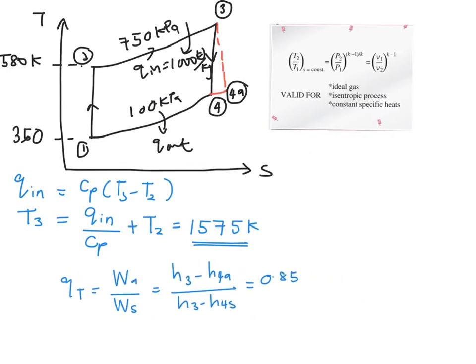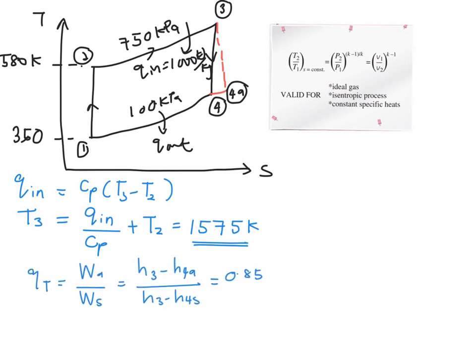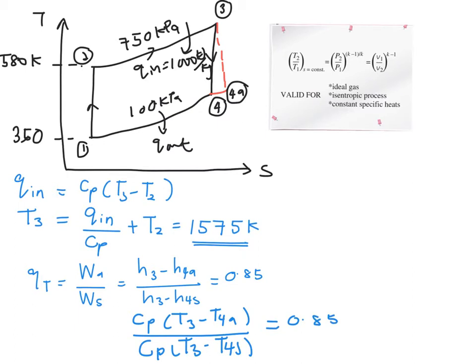But because you are dealing with an ideal gas, your efficiency is actually Cp times (T3 minus T4A) over Cp times (T3 minus T4S), which is equal to 0.85, where your Cp here can be cancelled out, and your T4S can be obtained from these relations.